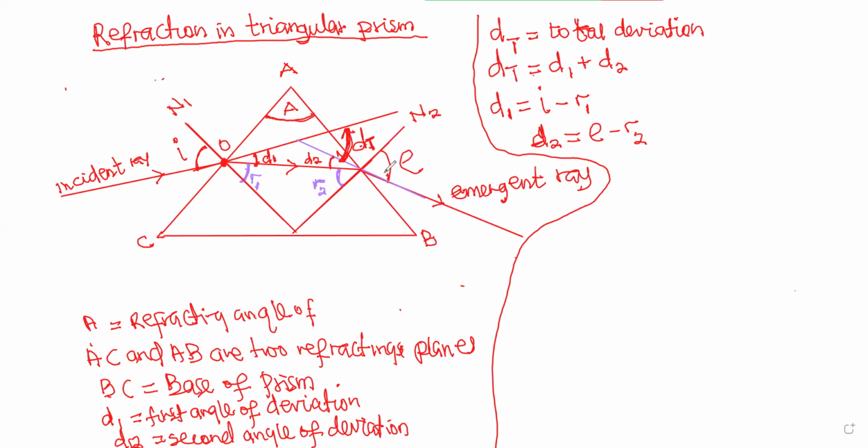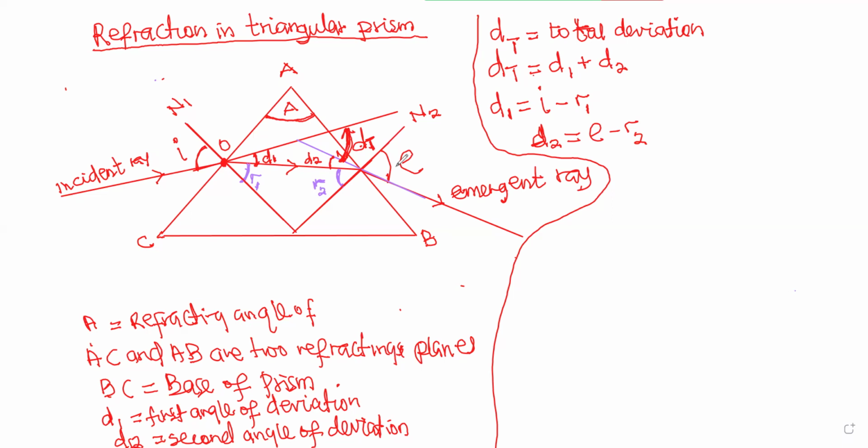So the emergent ray, which is the ray coming out of the prism, the angle from the second normal N2 to the emergent ray becomes the angle of emergence.